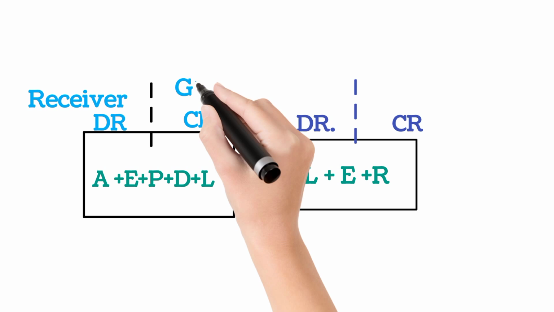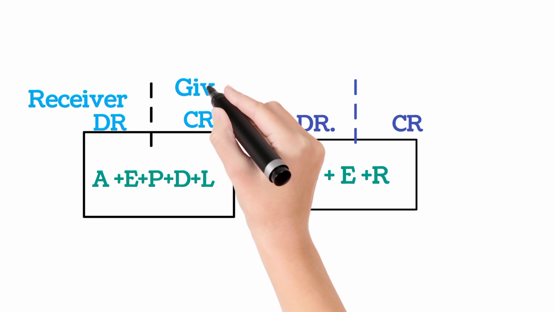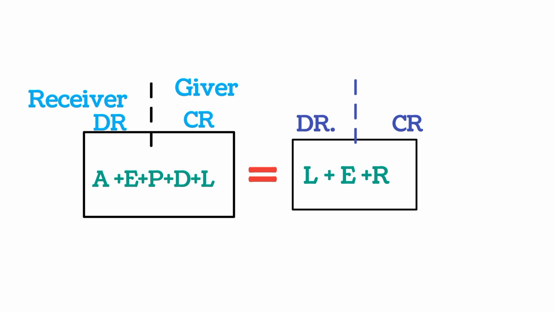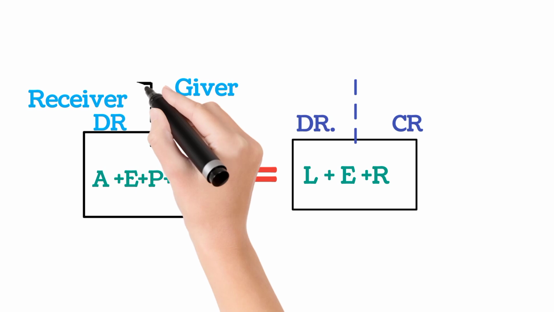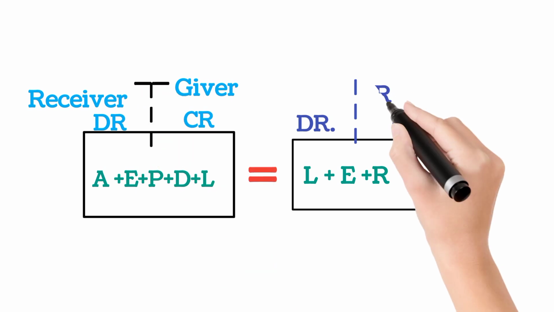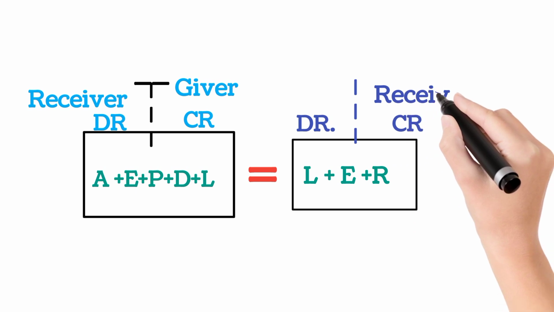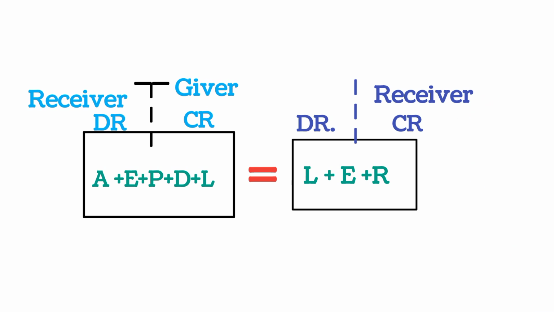That is to say, it is correct to say debit the receiver and credit the giver in the first box, that is box A. Debit the receiver and credit the giver. This is the first golden rule, and this rule is applied to all the components of the accounting equation in the first box, which is assets, expenditure, purchases, drawing, and loss items.